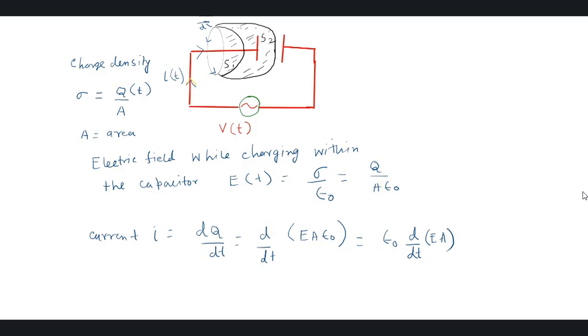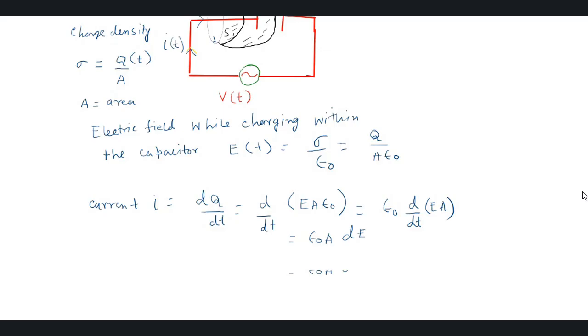If area is constant, it is epsilon naught A dE/dt. So this quantity, as you can see, is epsilon naught A dE/dt.